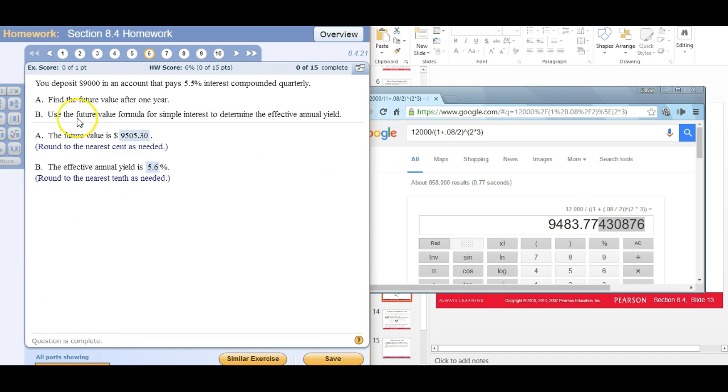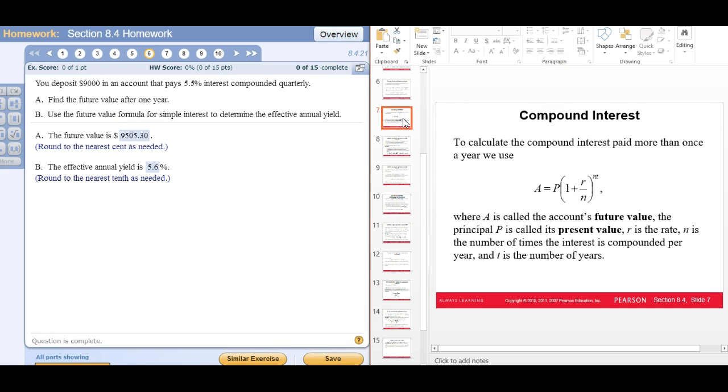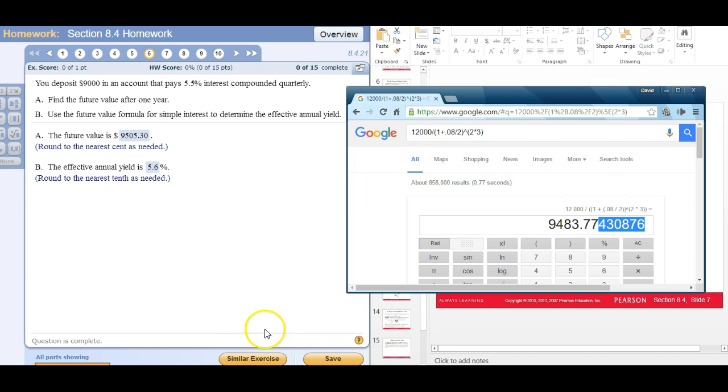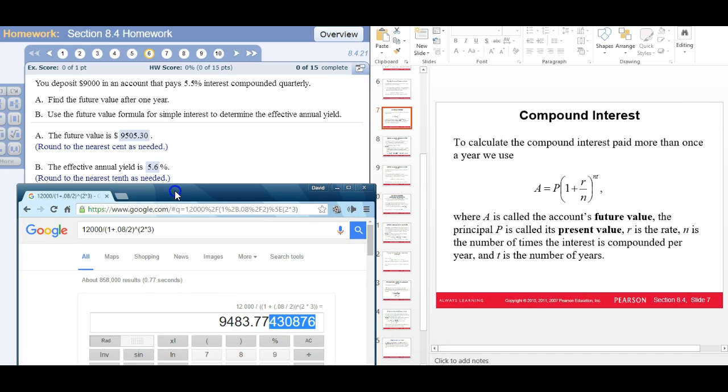Alright, and then we're back to the old compound interest formula. It says you deposit this much, 5.5%, compounded quarterly, find the future value after 1 year.